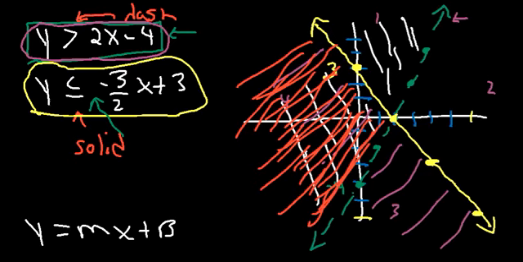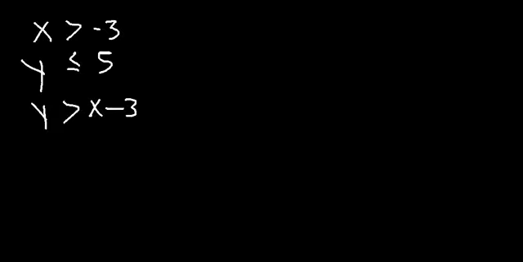So let's try another example. Let's say x is greater than -3, y is less than or equal to 5, and y is greater than x minus 3.